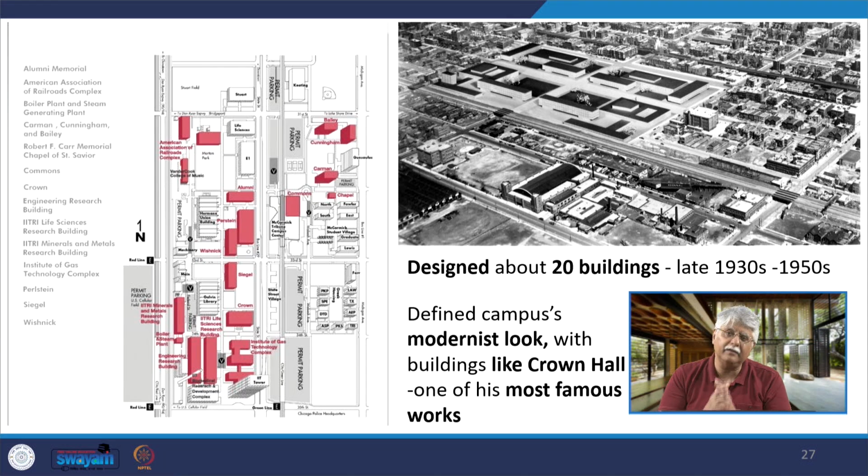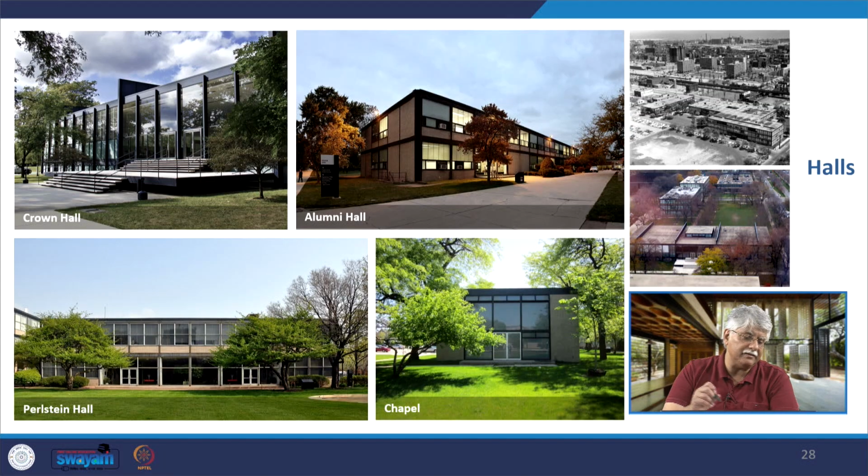He defined the campus's modernist look and built buildings like the Crown Hall, one of his most famous work. So several of the buildings he designed here, and see how similar they are. This kind of unity in his buildings will always be there. Crown Hall, Alumni Hall, Pearlstein Hall, Chapel, all of them have that unified appearance.